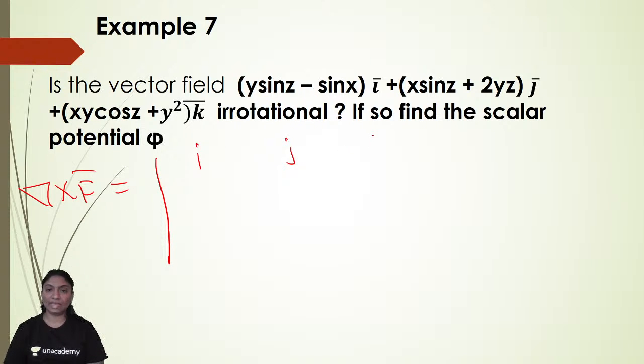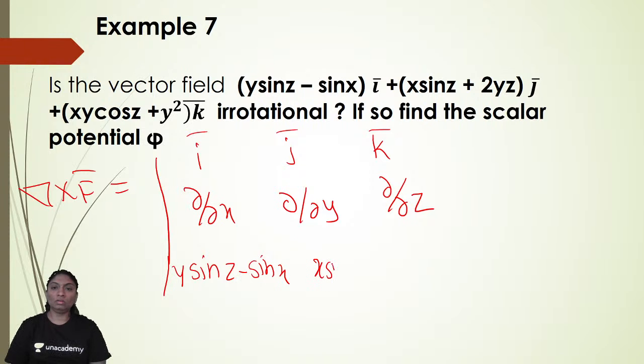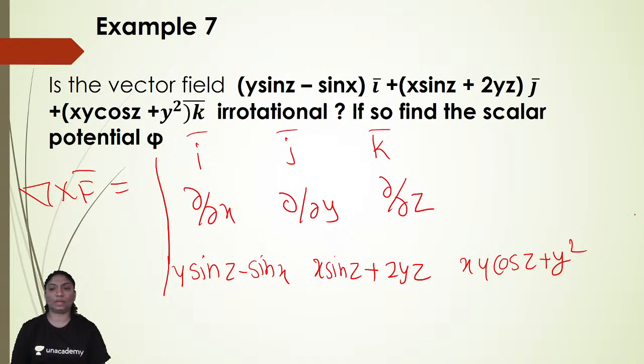the determinant with rows i bar, j bar, k bar; del by del x, del by del y, del by del z; and F1, F2, F3, where F1 is y sin z minus sin x, F2 is x sin z plus 2yz, and F3 is xy cos z plus y square.